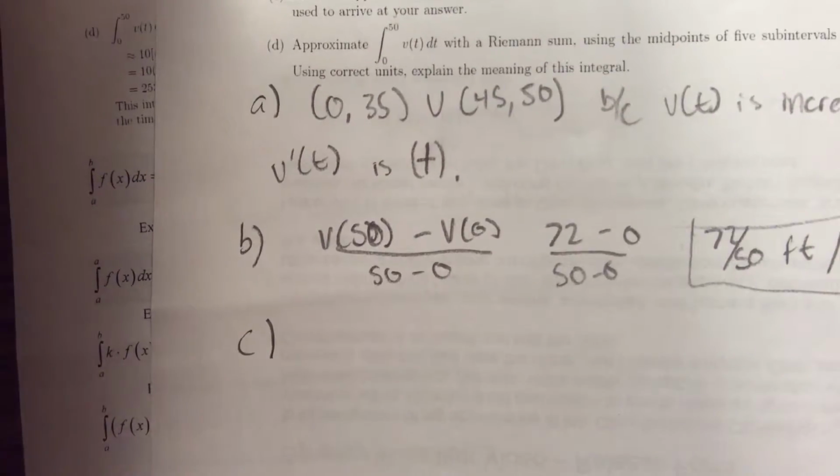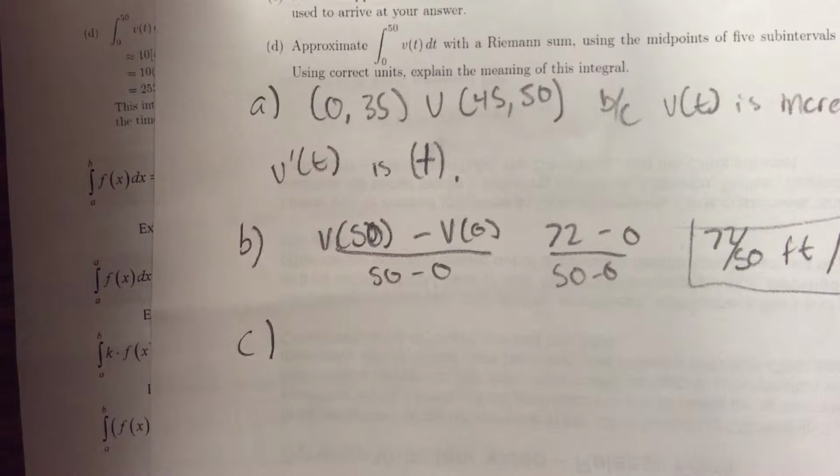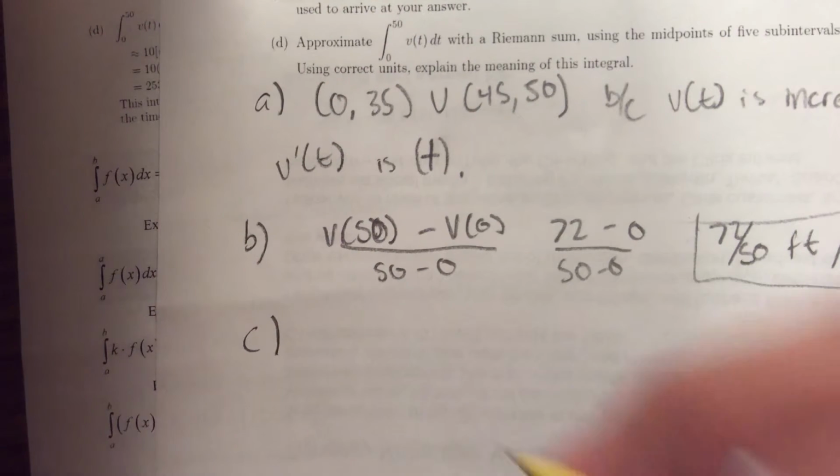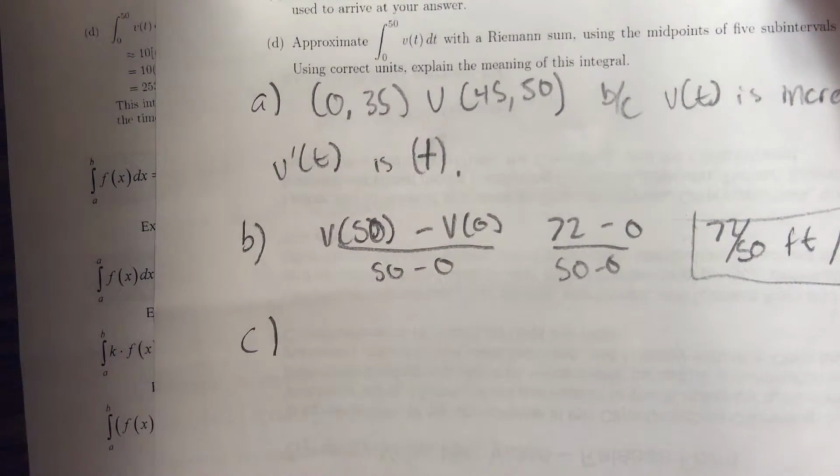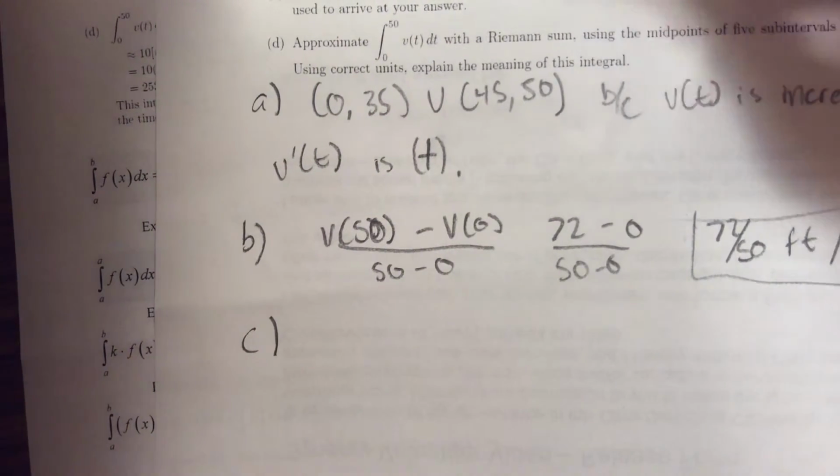Part C is find an approximation for the acceleration of the car in feet per second squared at t equals 40. Show the computations you use to arrive at your answer. This is asking for an average. We would just use these two, 35 and 45.